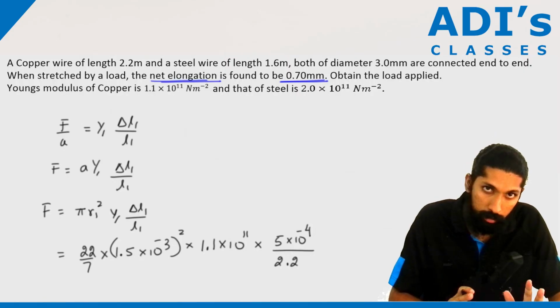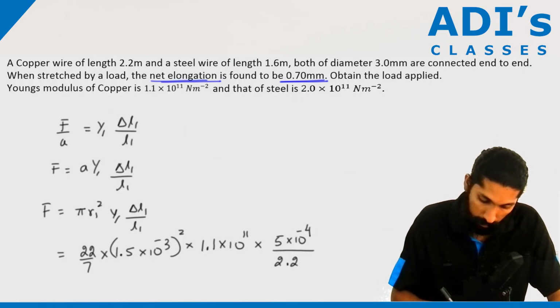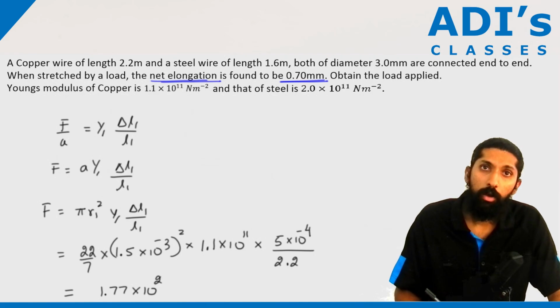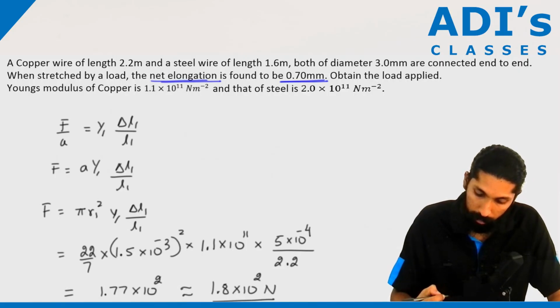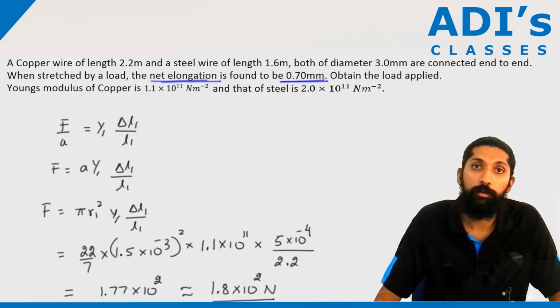All the values are known, it's just a matter of calculation. Once you calculate, you will get the answer as 1.77 into 10 to the power of 2, which you can approximate as 1.8 into 10 to the power of 2 Newton. So around 180 Newton of force is applied for the combination of copper and steel. So the answer is 1.8 into 10 to the power of 2 Newton.